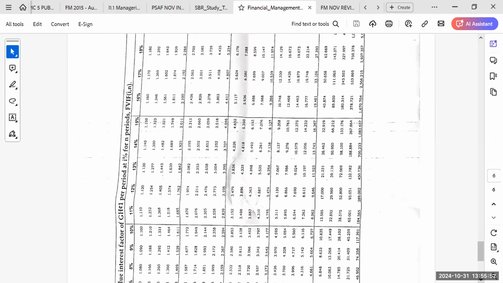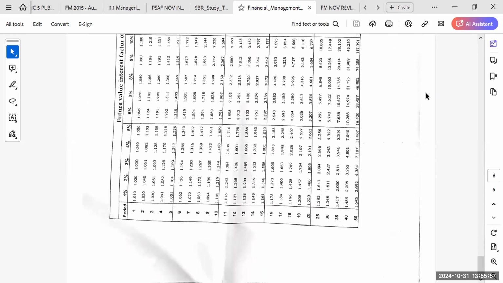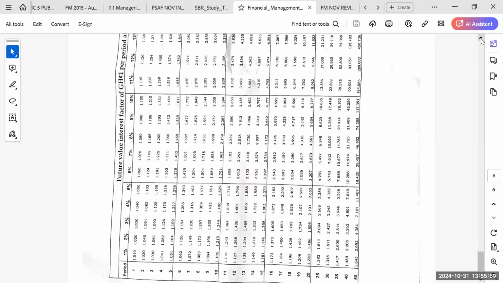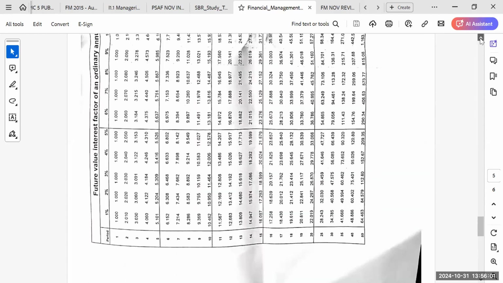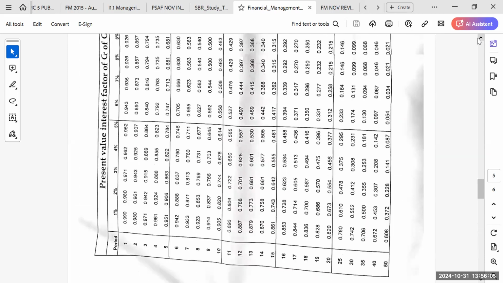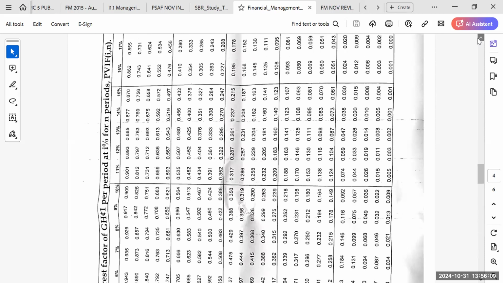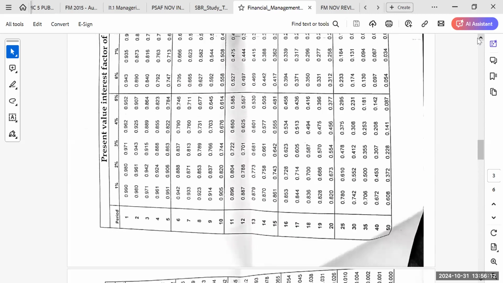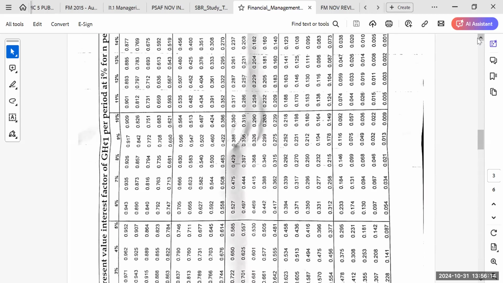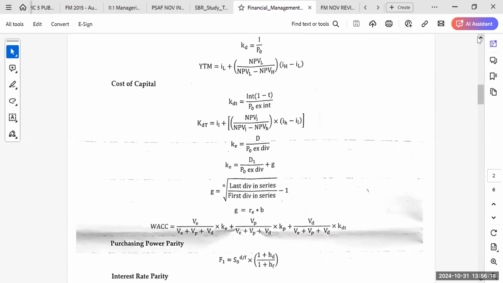It's a mistake that they are making there. It should follow this particular figure. It should follow this one. Then the second one is supposed to be present value of annuity. It should be present value of annuity, not future value. So it's a mistake. They have to draw their attention.